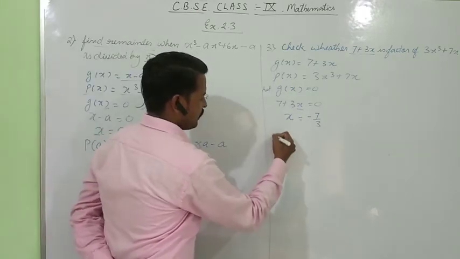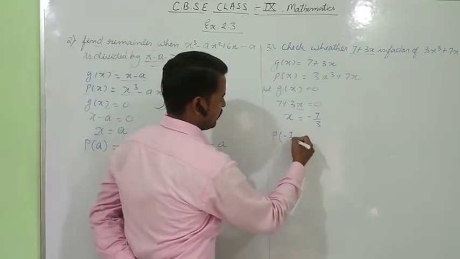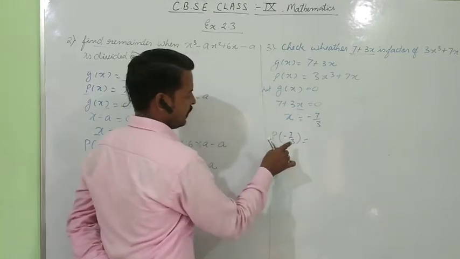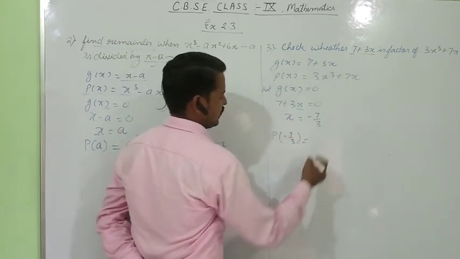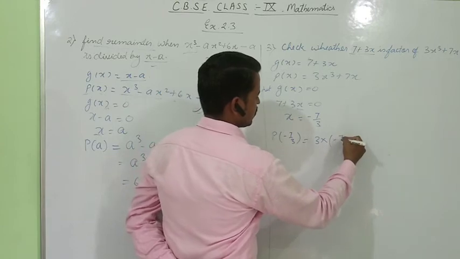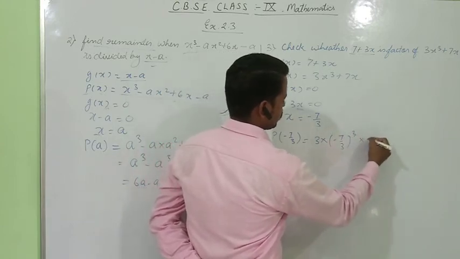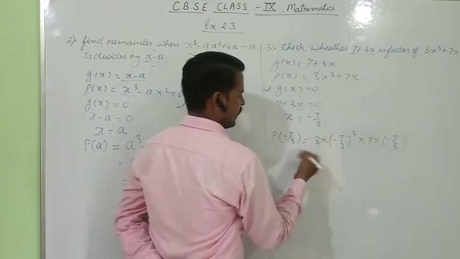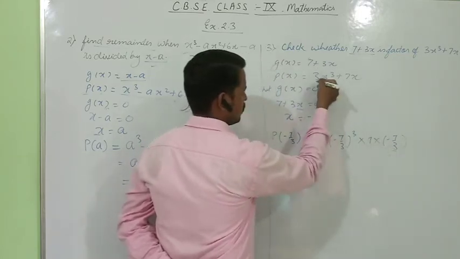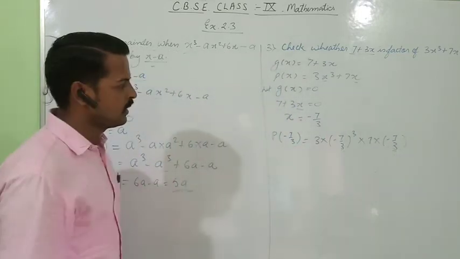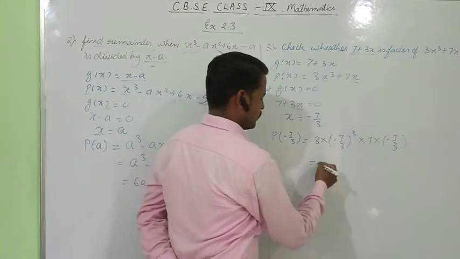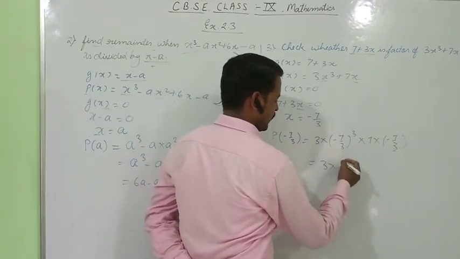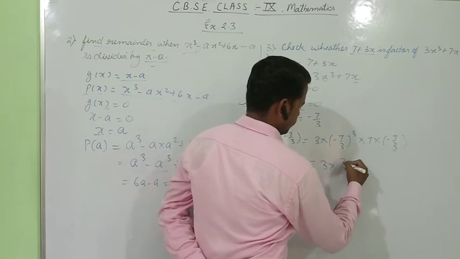So we have to find the value of p of minus 7 by 3 by putting minus 7 by 3 in place of x. So 3 into minus 7 by 3 cube plus 7 into minus 7 by 3. What I did here is I just substituted the value of x in place of x. Now solve it further. This will become 3 into 7 cube, you all know that, so 343.